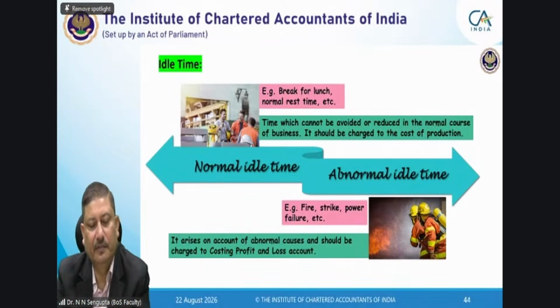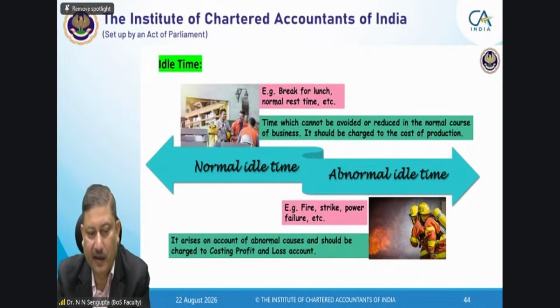Idle time: break for lunch, normal rest time, etc. This is time which cannot be avoided or reduced in the normal course of business. It should be charged to the cost of production. And idle time is of two kinds, normal idle time and abnormal idle time. Abnormal idle time is like fire, there can be a strike, lockout, power failure, or any other problem, and it arises on account of abnormal loss causes and should be charged to costing P&L.